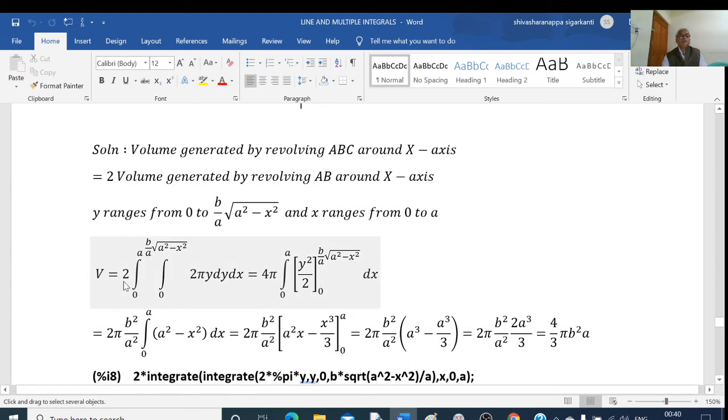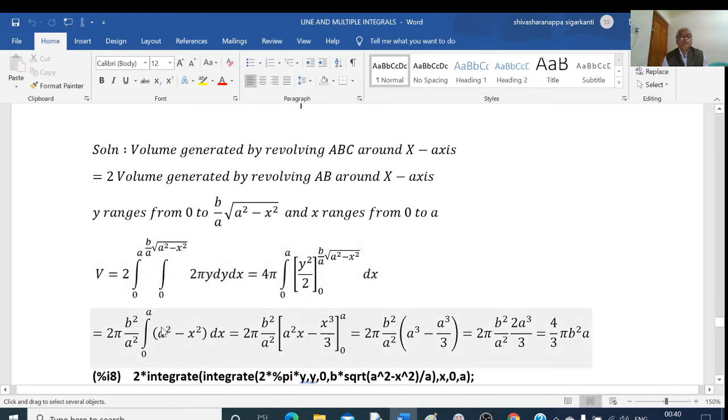It is given by 2 times, x ranges from 0 to a, y ranges from 0 to b by a into root of a square minus x square, 2 pi y dy dx. Integrating, 2 into 2 is 4 pi, y integration is y square by 2 between 0 to b by a root of a square minus x square, into dx.